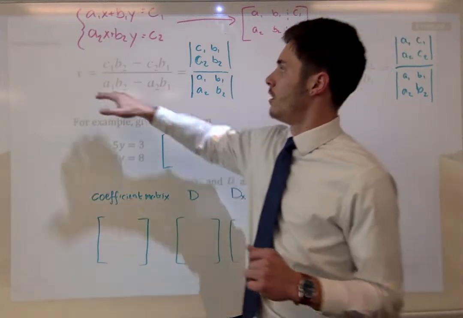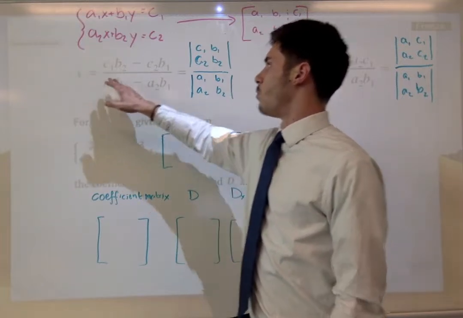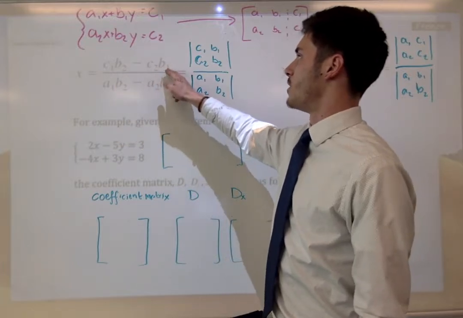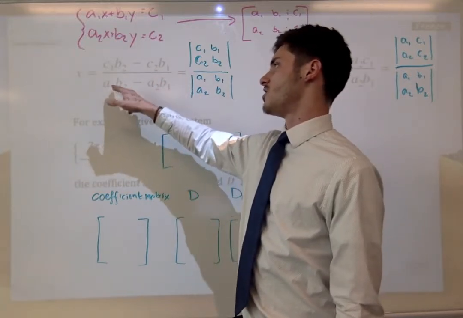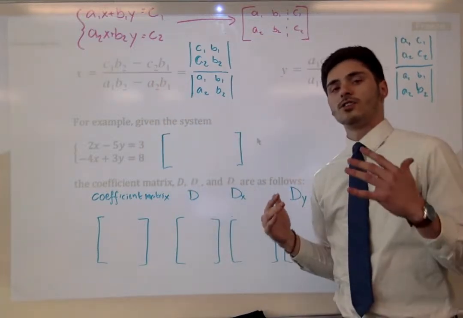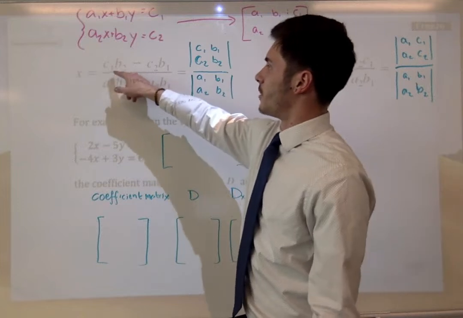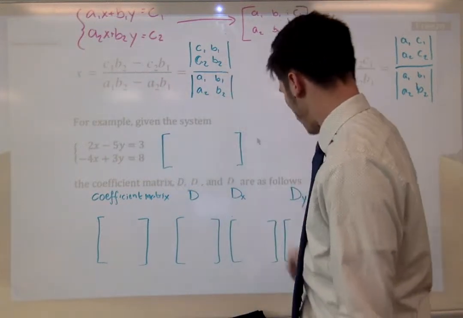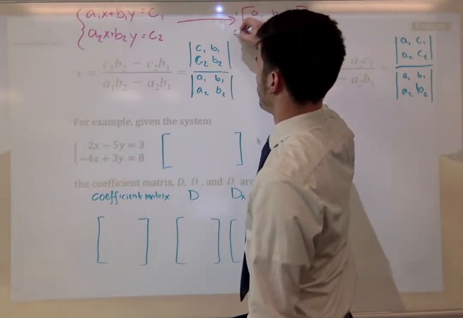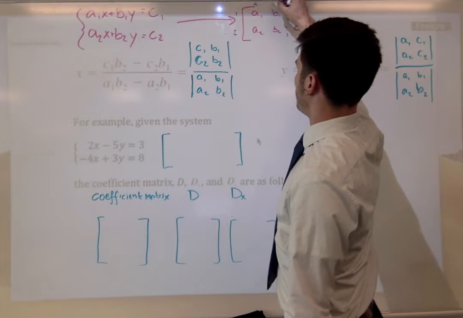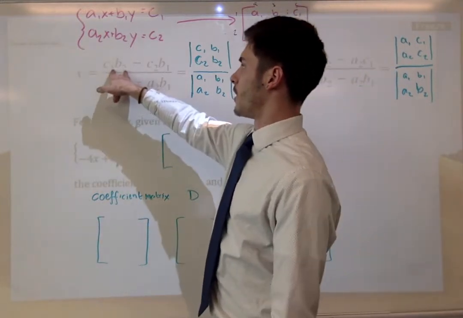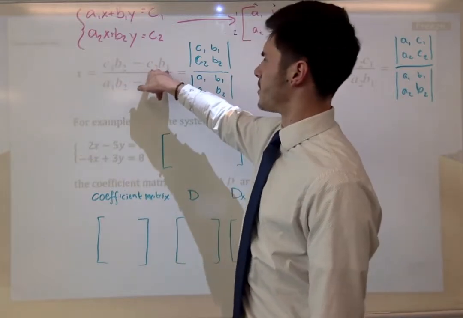When we use Cramer's rule, to find x, we'll see that the numerator is c1 times b2 minus c2 times b1, and the denominator is a1 times b2 minus a2 times b1. And let's notice that these numbers are alternating, right? So that changes the row number, because we have row 1 and row 2, and then we have columns A, B, C. So in this one we have alternating rows and alternating columns, and same with this one.